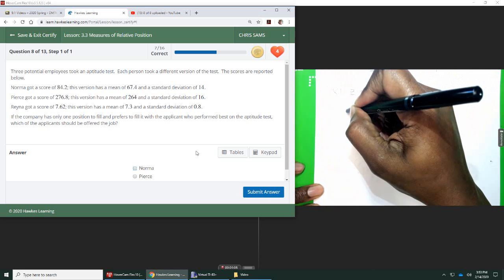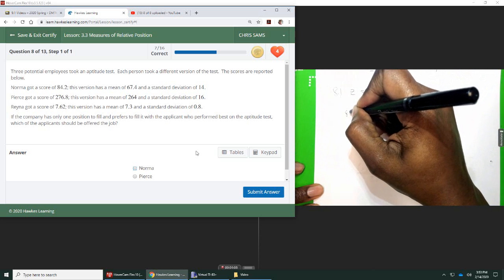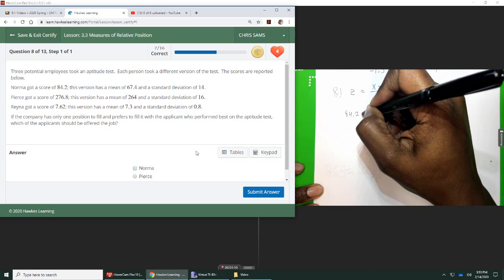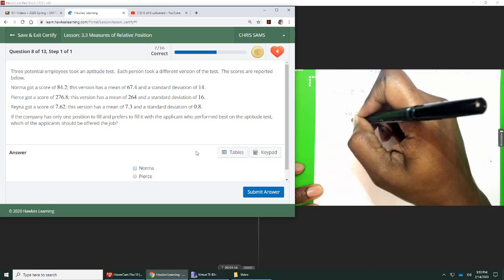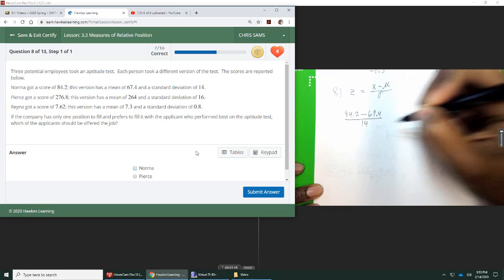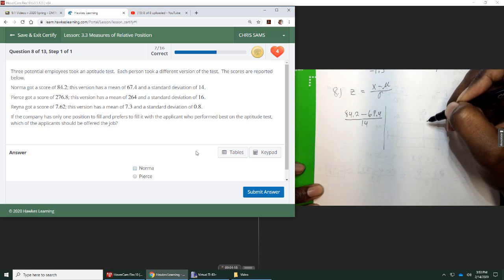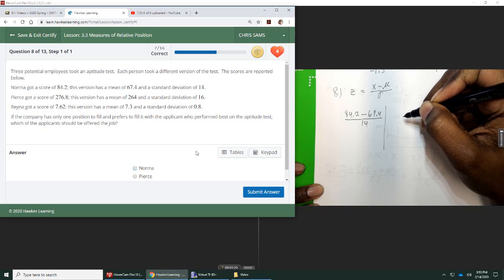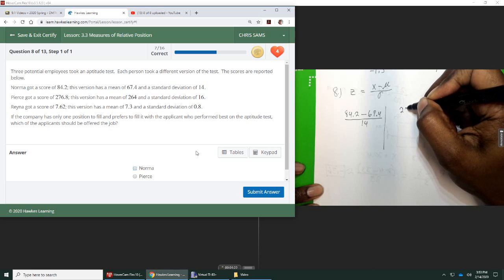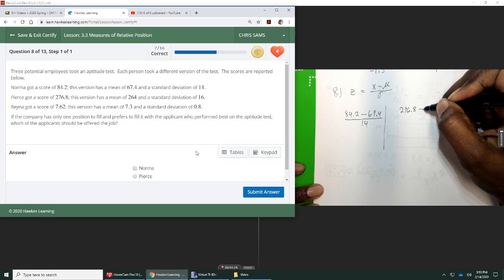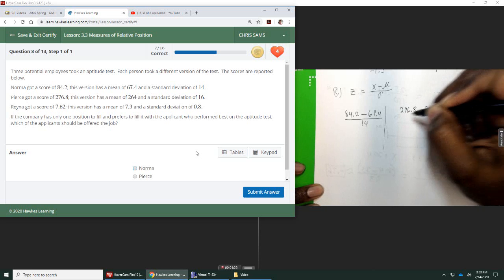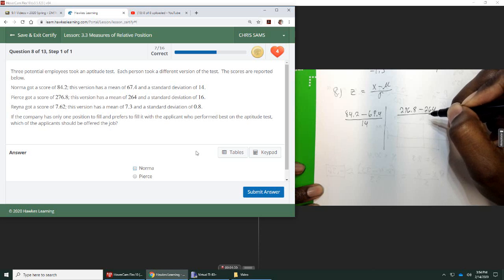Okay, so we have a score of 84.2 minus the mean of 67.4 divided by 14. We're going to compute this one. First person. The next person is 276.8 minus 264 divided by 16.